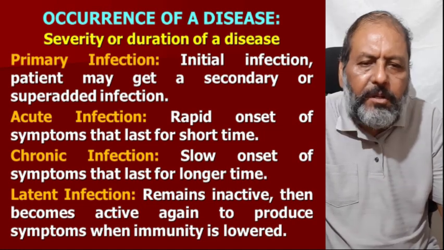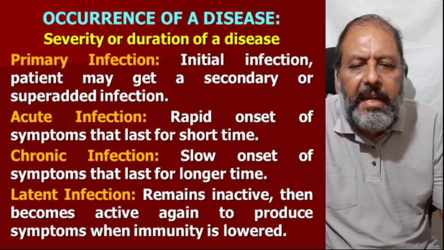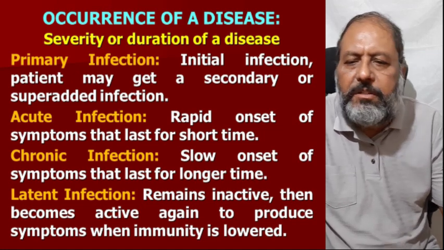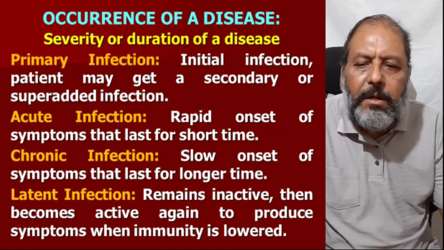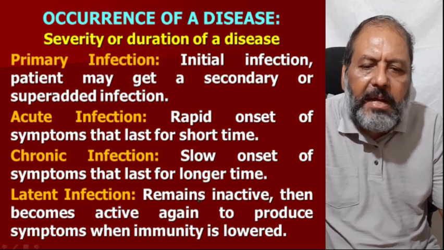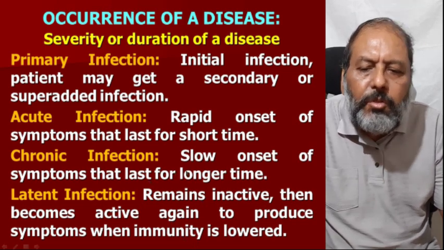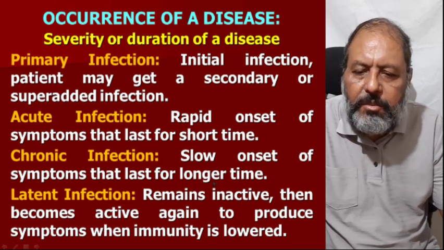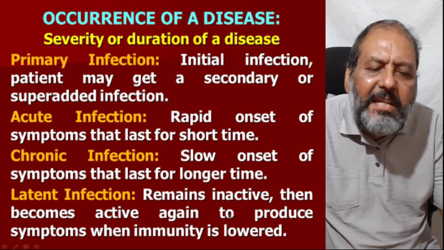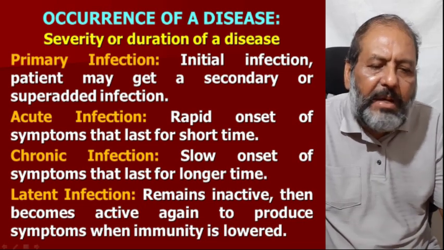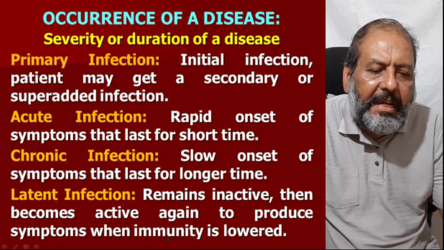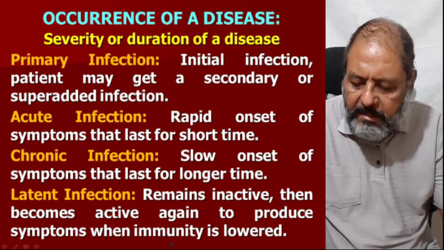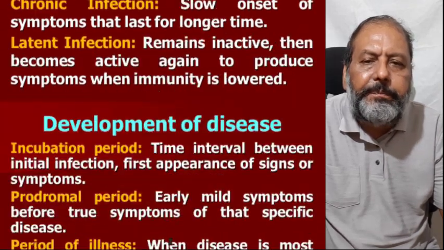For example, a patient admitted to the hospital with the initial infection can get a secondary or superadded infection there. An acute infection has rapid onset of symptoms that lasts a very short time, and a chronic infection has slow onset of symptoms that lasts a longer time, like weeks and months. A latent infection remains inactive, or hidden, then becomes active again to produce symptoms when the immunity of the body is low. So that is called the latent or hidden infection.